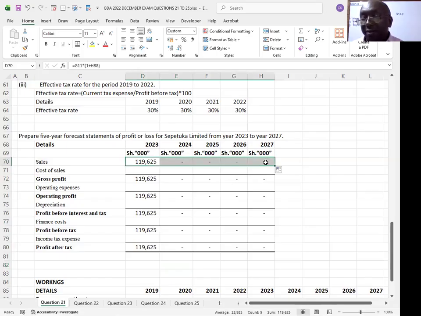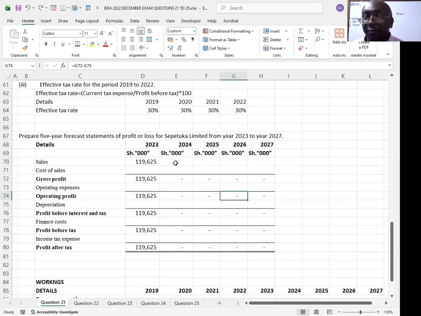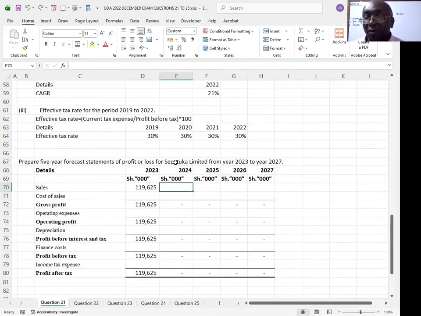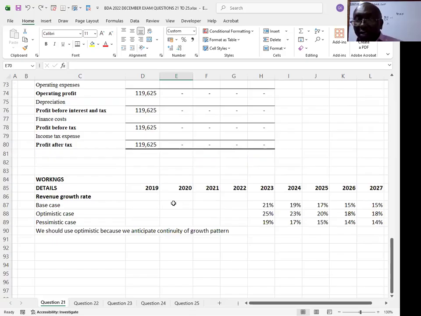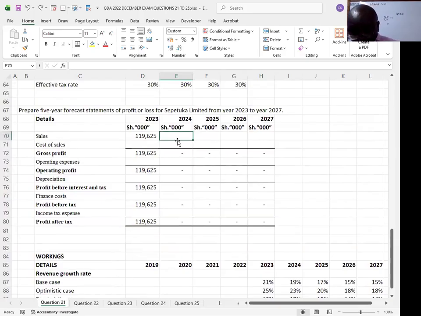We autofill up to here. It will not enjoy the concept of autofilling because of relative cell formula. If we had brought the 2019 to 2022 here, it would go. So we have to stand on one column, come here, so that we enjoy that.